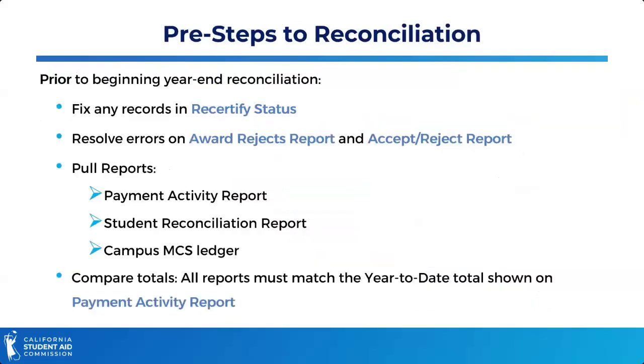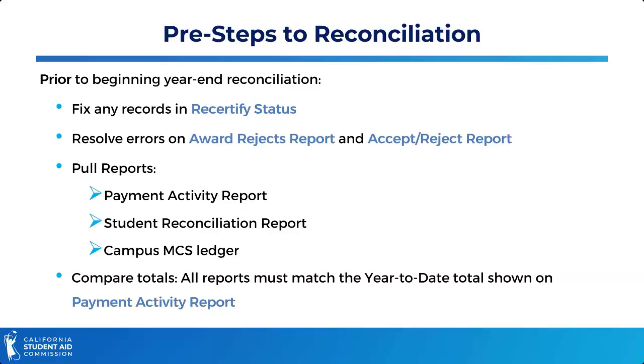So prior to beginning year-end reconciliation, some of the things you want to do: you want to fix all records in that recertified status so that reports get updated. Also, you want to resolve errors on your award rejects report and your accept reject report.